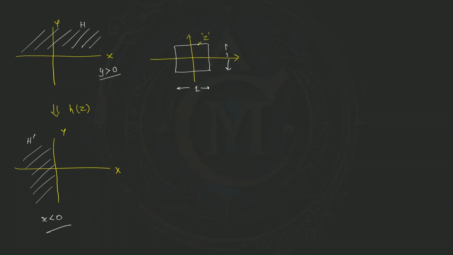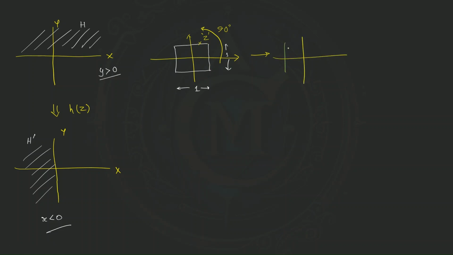So if we take the image of every point on this square, we are rotating the square by 90 degrees counterclockwise. Taking the image again by 90 degrees, the square image will look like this.